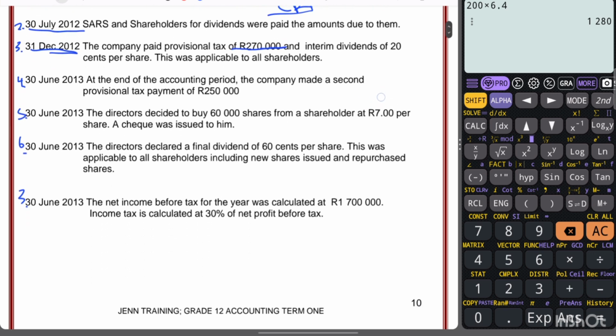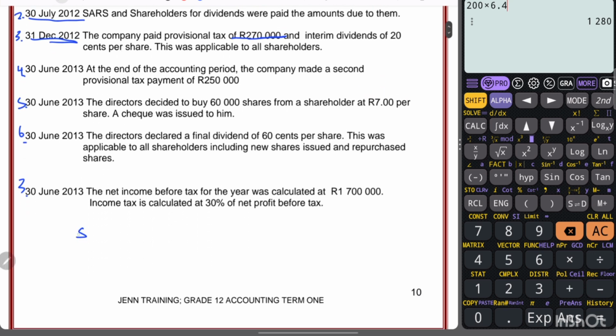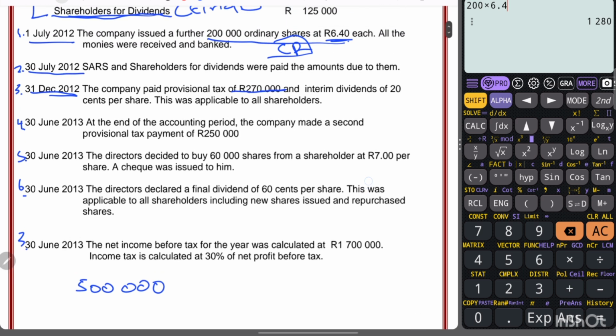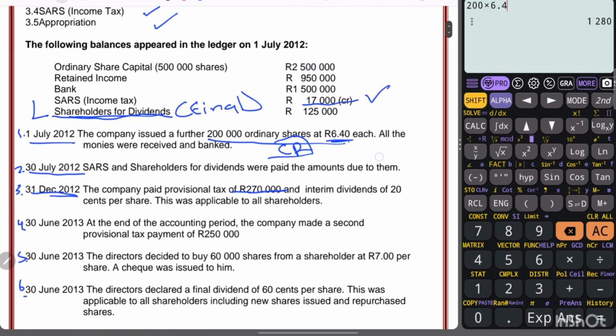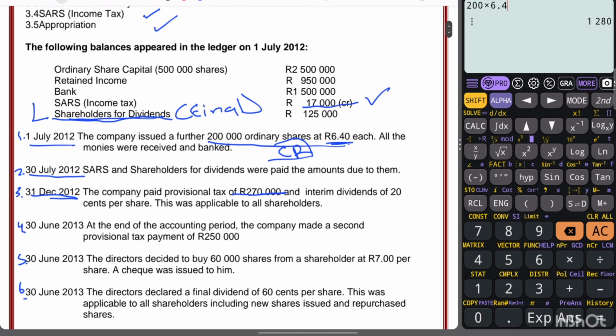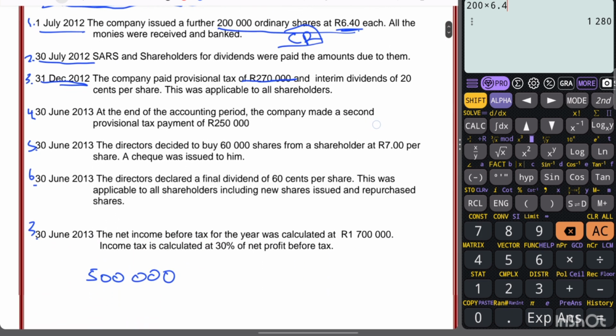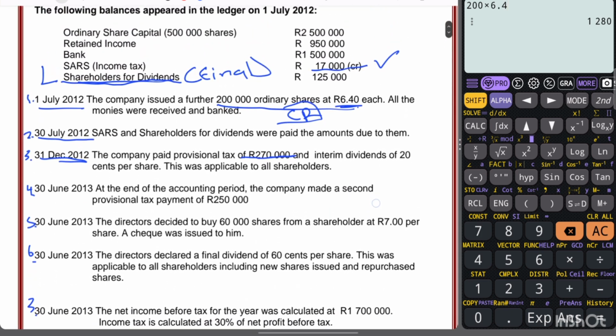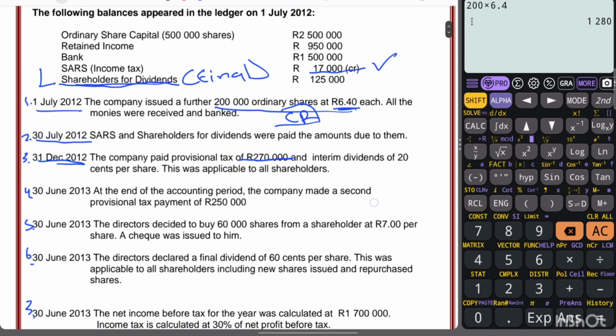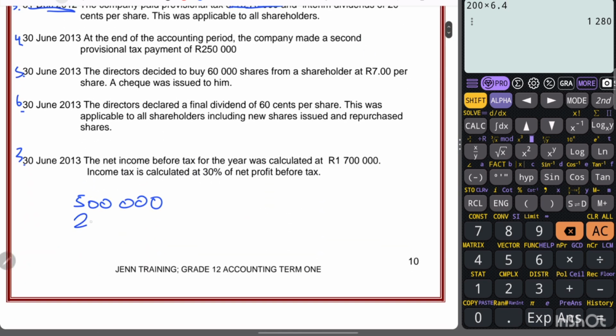At the beginning of the year, how many shares were we having? We had 500,000 shares at the beginning of the year. Then during the year, we issued a further 200,000 shares.